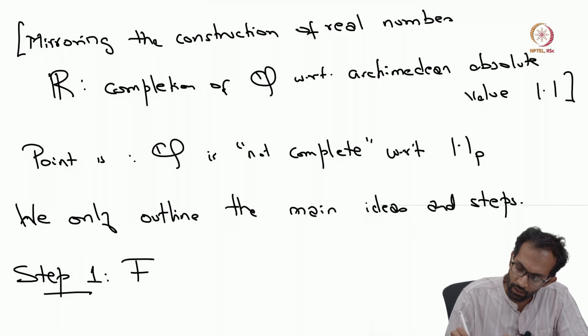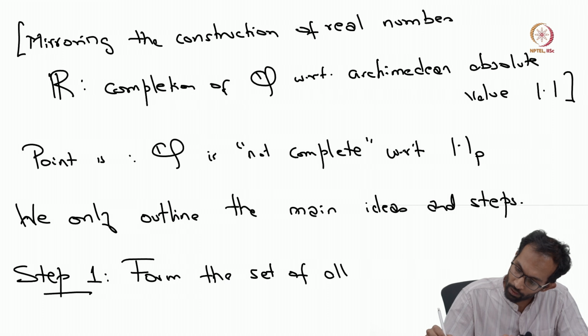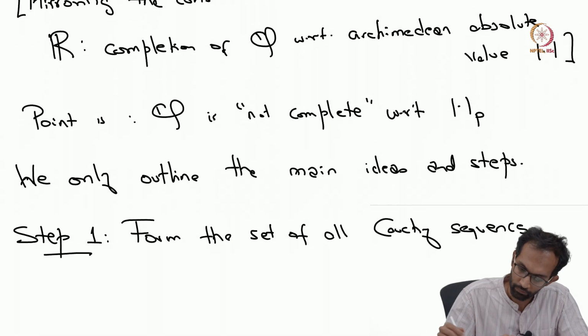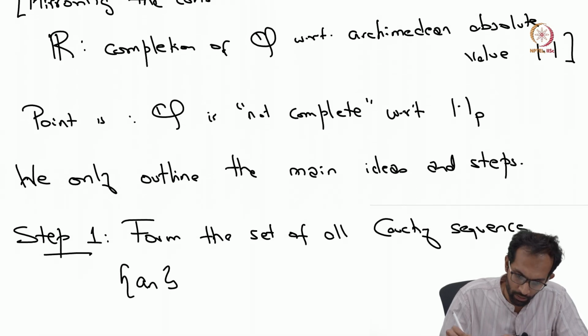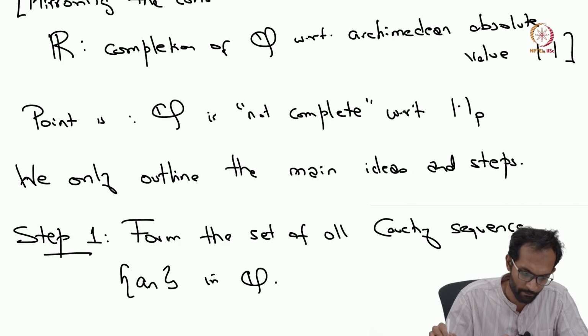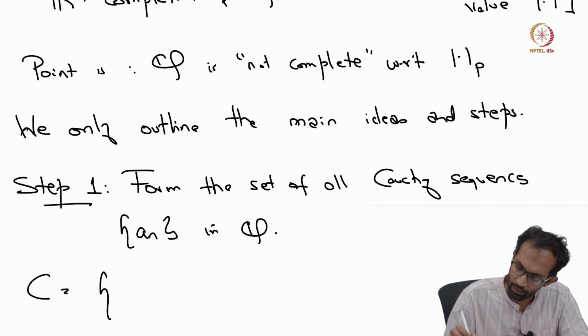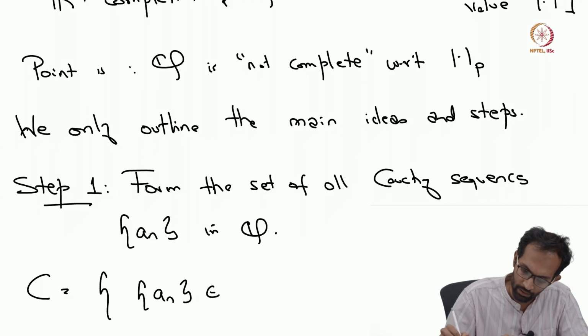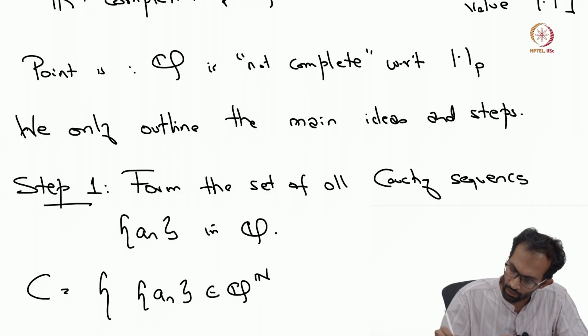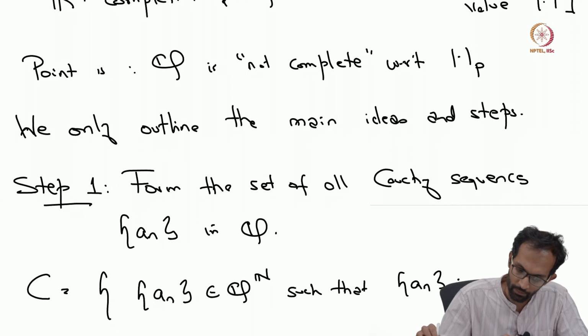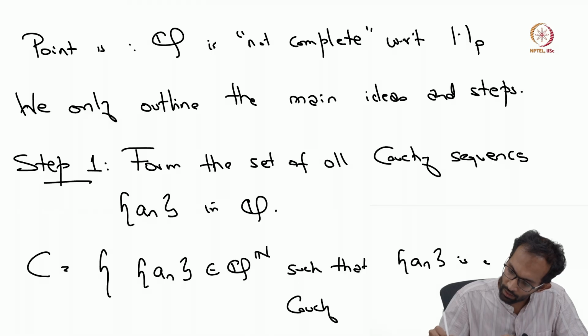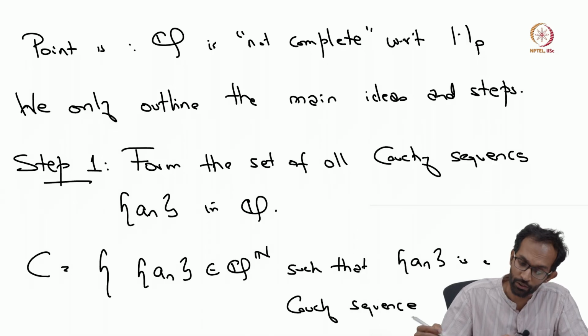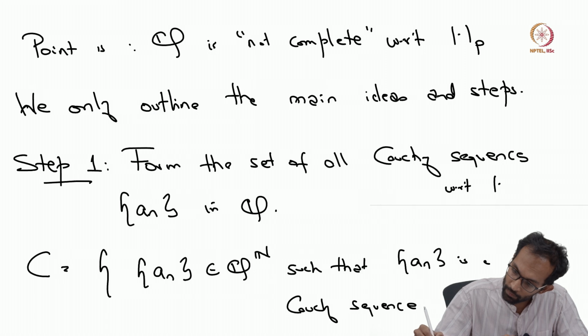The first thing is you have to form the set of all Cauchy sequences a_n in Q. So you take all sequences such that the sequence is a Cauchy sequence. And again, when I say Cauchy sequence, it's with respect to the p-adic absolute value.